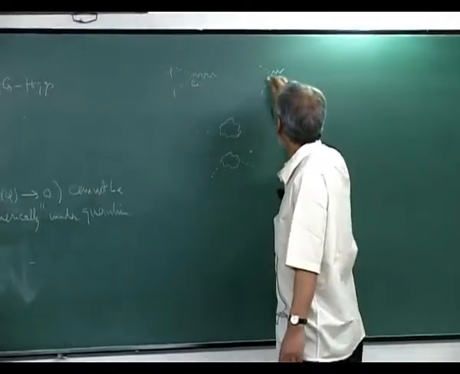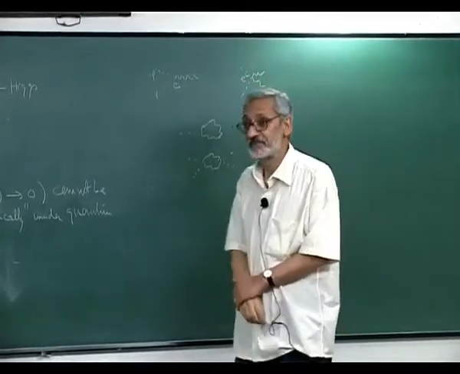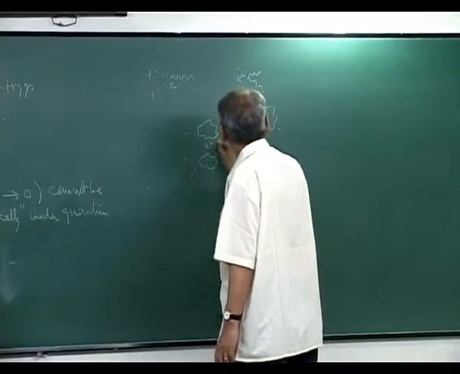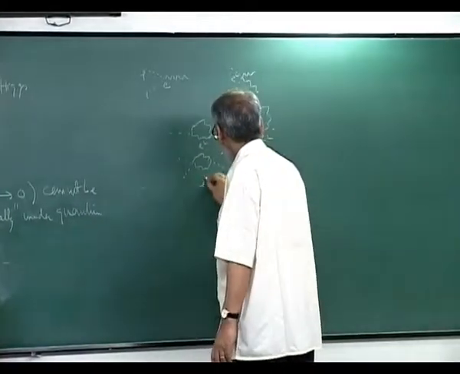Strength is E here, strength is E square here. So this diagram would be order E square, this diagram will be order E square, and this diagram will be order E4.